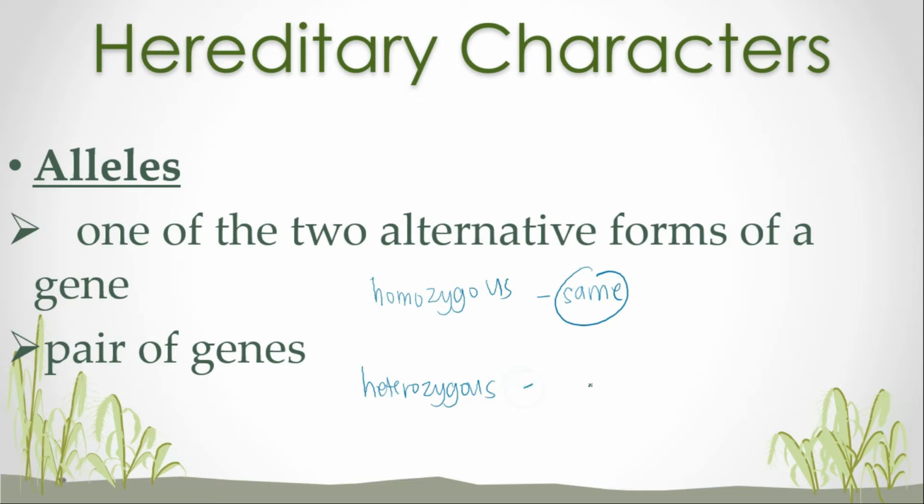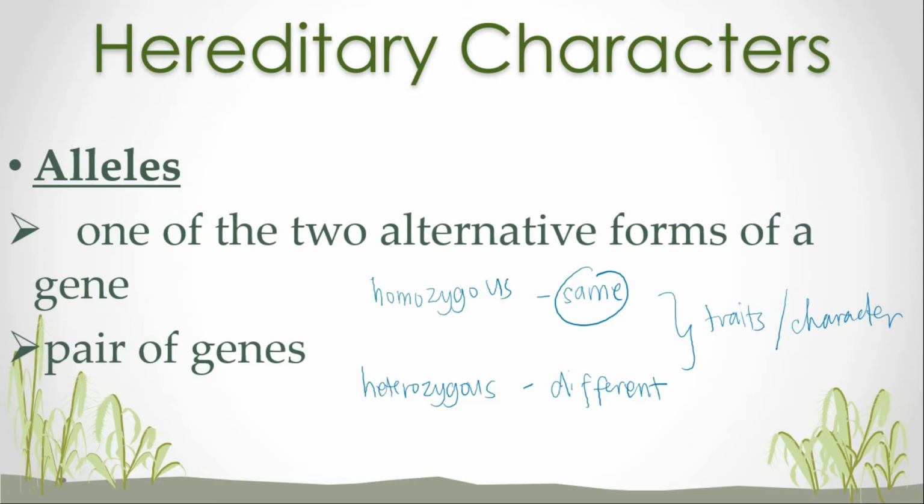And when we say heterozygous, they are different. So, ano yung different? Ang sinasabi natin dito na same and different are the traits or the character na dala-dala ng genes. So, ano yung mga traits or character na yon?